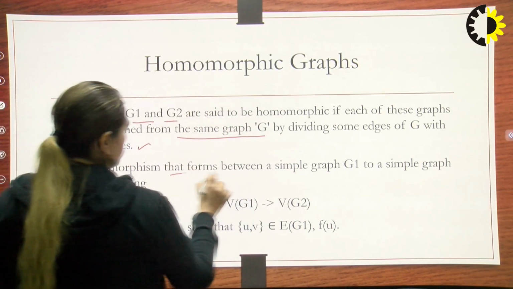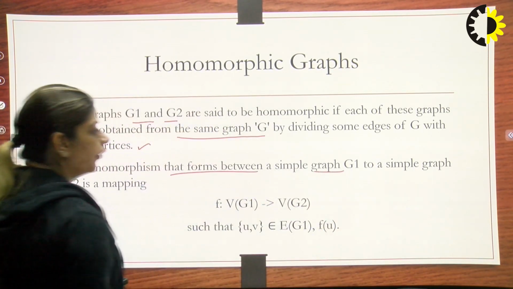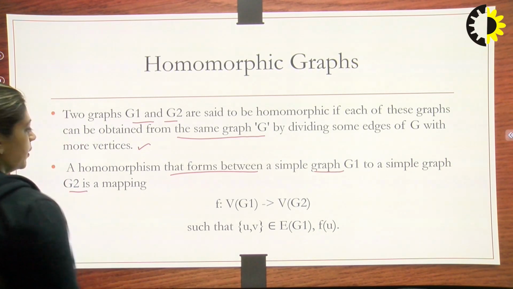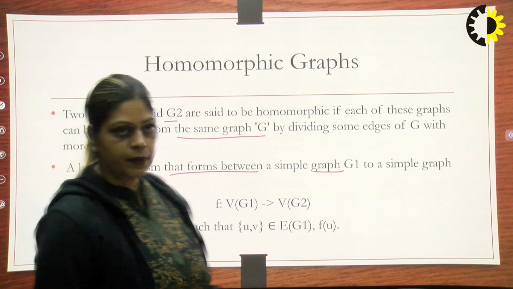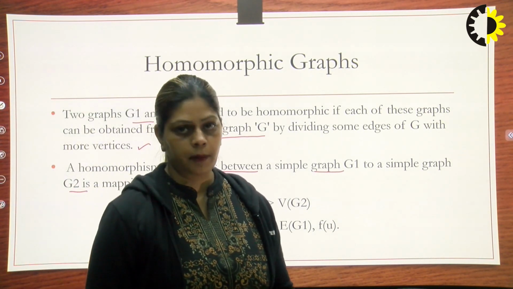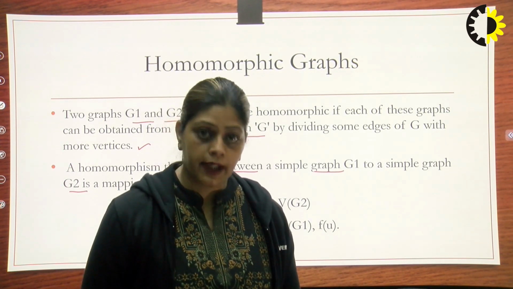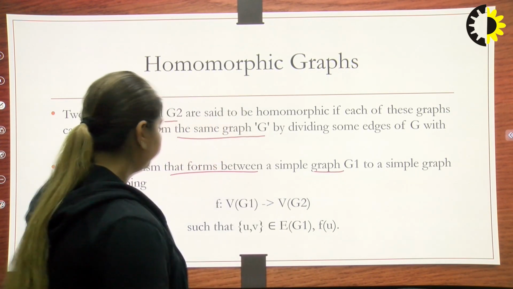A homomorphism between the simple graph G1 and the simple graph G2 is a mapping. Here also we can do a mapping, but there cannot be a one-to-one mapping because the number of vertices and edges may not be the same in these graphs, right?